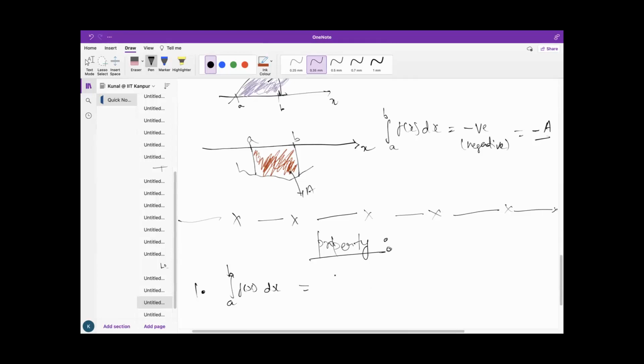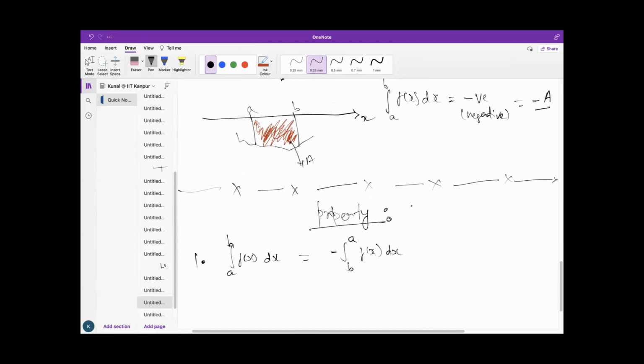It is the same as integrating from b to a, but with a negative sign, fx dx. Here I have to write that fx is continuous in x belongs to a to b. Okay. I hope you'll all understand this. So I will prove it later. First, I have to write the property here.